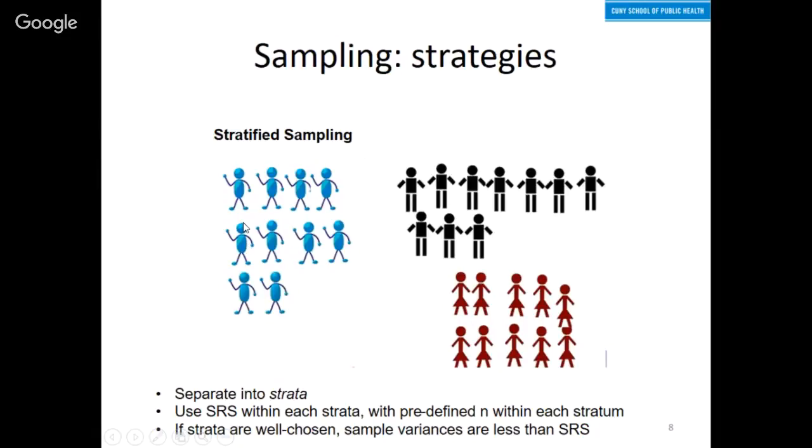We first stratify them, pull them into different groups, and then sample from each of these with predefined probabilities. Now, those probabilities might be the same in each stratum, but they could be different.